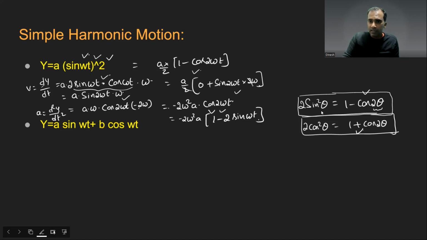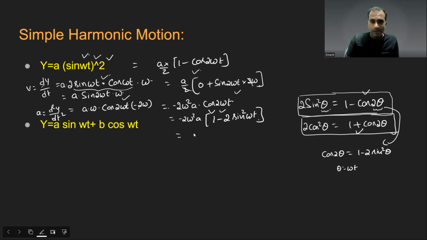In place of theta, we have omega t, so cos 2 omega t is 1 minus 2 sine square omega t. I forgot to write the square earlier. That is how I have converted cos 2 omega t in terms of sine square, because sine square is the original given displacement.